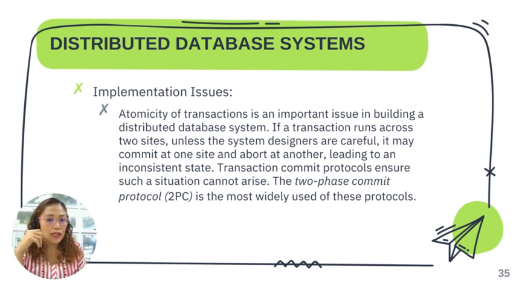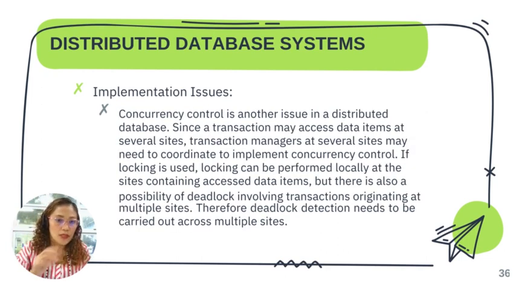So we have the two-phase commit protocol, which will ensure that such situations cannot arise. Then concurrency control, of course, because you have multiple users accessing your database at the same time.